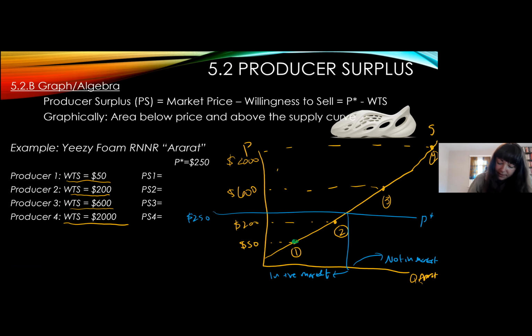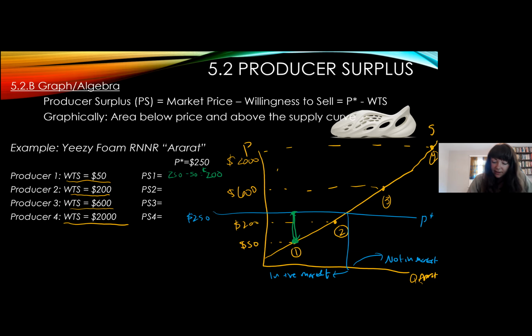It's what they're willing to sell it for, that $50. The price up here minus what they would have sold it for, their cost of hanging on to it. So it's $250 minus $50, $200 of producer surplus for the first seller.